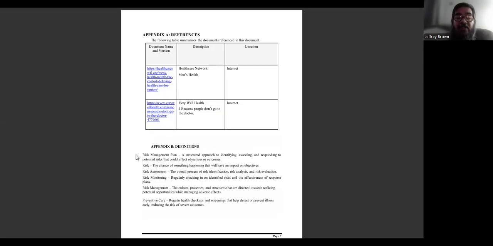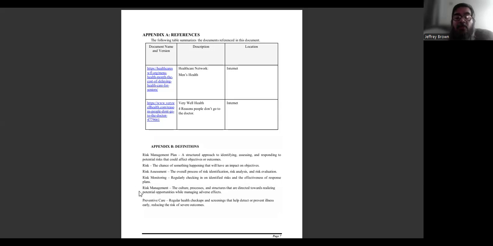Then some definitions I have here: risk management plan, a structured approach to identifying, assessing, and responding to potential risks that could affect objectives or outcomes. Risk is the chance of something happening that will have an impact on objectives. Risk assessment, the overall process of risk identification, risk analysis, and risk evaluation. Risk monitoring, regularly checking in on identified risk and the effectiveness of response plans.